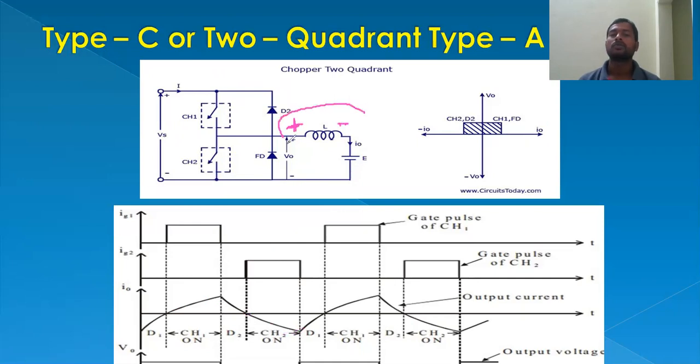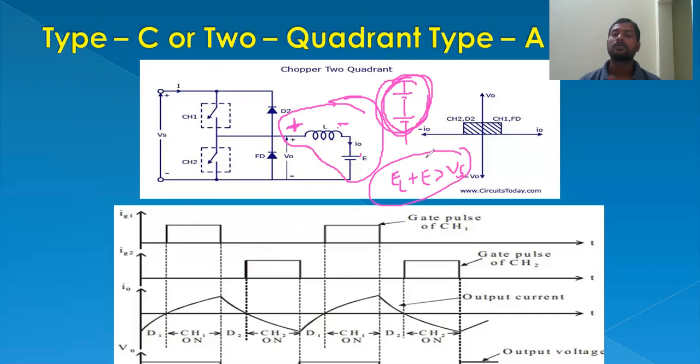These two are connected in series in this way, positive and negative, so that the cumulative voltage of this inductor and the battery, EL plus E, is greater than the supply voltage. So this is what we should remember.